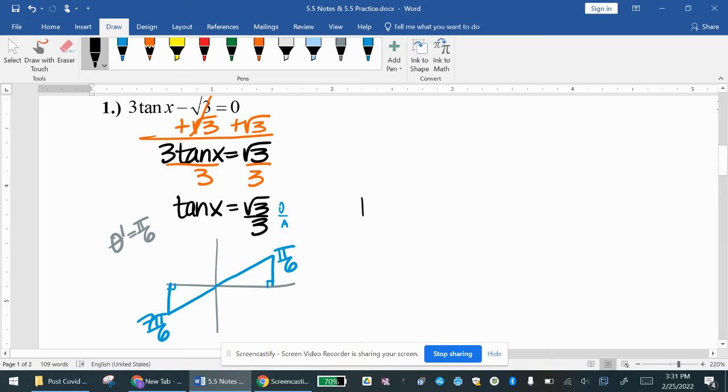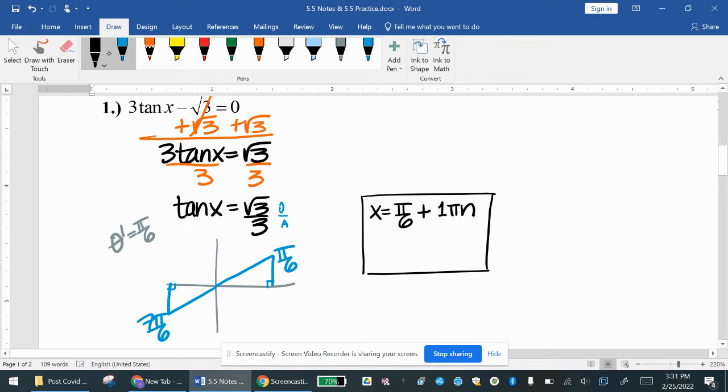Because they want infinitely many solutions, pretty much any solution within a domain of negative infinity to infinity, we're going to tell them that the answers are pi over 6 plus 1 pi n, because that's the period for tangent.